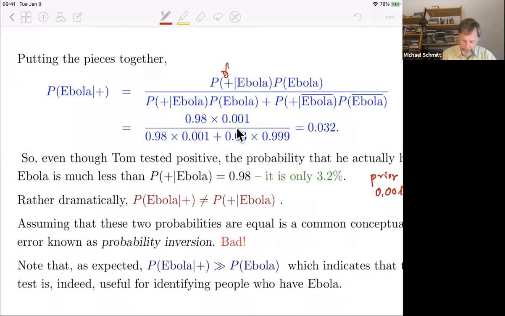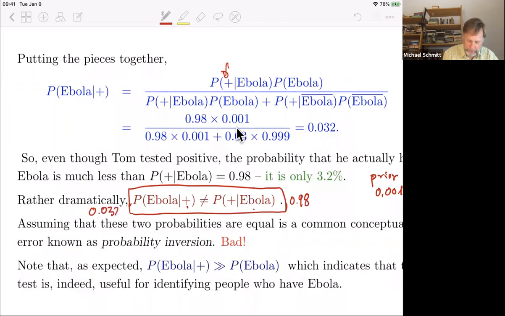Now, one thing, again, I want to emphasize, because this is a common thing that people make a mistake. The probability to have Ebola with a positive test result is not the same as the probability to have a positive test result when you have Ebola, right? The number on the right-hand side is 0.98, and the one on the left-hand side is 0.032.